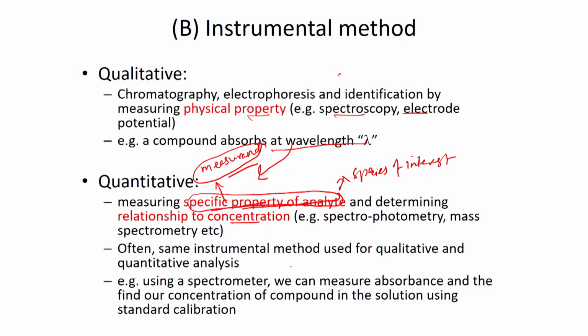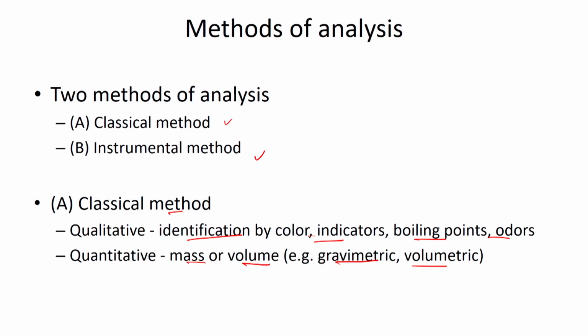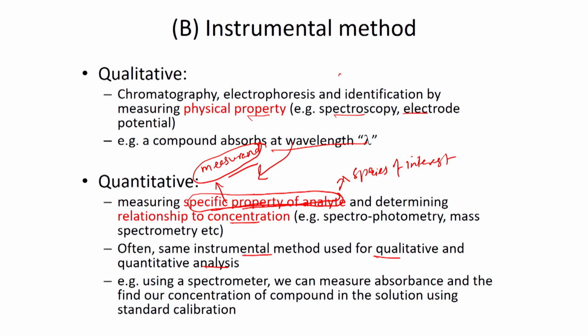Often the same instrumental method is used for qualitative and quantitative analysis. In the classical methods, not many or complicated instruments are involved, but here the same instruments can be used for both qualitative and quantitative analysis. For example, using a spectrophotometer you can measure the absorbance, and this will show that a particular analyte is present.